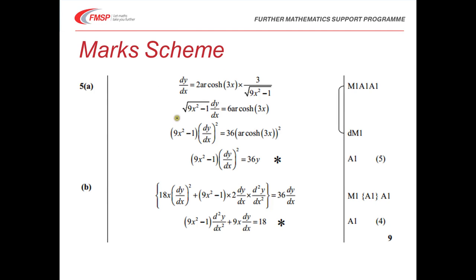If we look at the mark scheme for this, you can see that there's this quite difficult differentiation here, which uses the chain rule twice and the derivative of arc cosh, so there's 3 marks for that, and then plugging it all in and showing that it all settles down and you get the statement, another couple of marks there. And then finally here's the method which uses the product rule differentiation and then cancelling some of the terms, the dy by dx and the 2, to get that statement, and that's worth 4 marks.